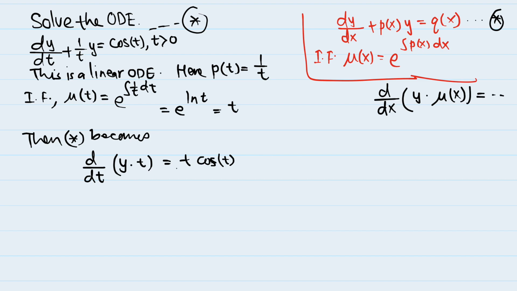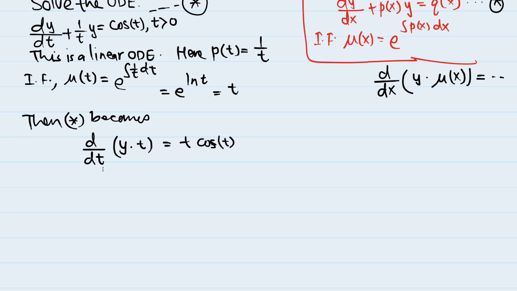Now we want to integrate both sides with respect to t, the independent variable in this case. So we integrate with respect to t, so we got y times t, equals the integral of t times cosine t dt. Now we need to integrate this right hand side and finally isolate y by dividing both sides by the integrating factor t. But this is a product.